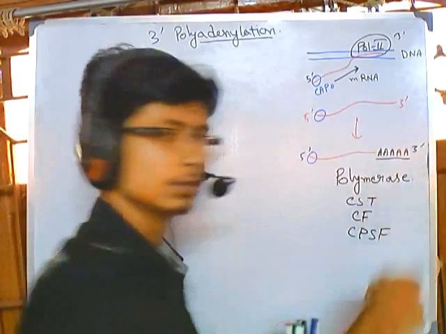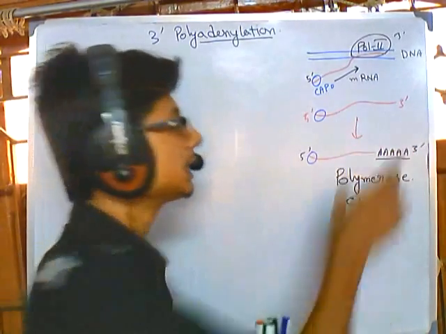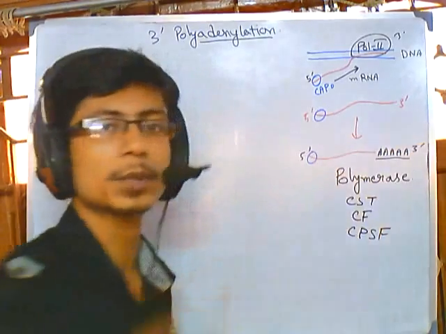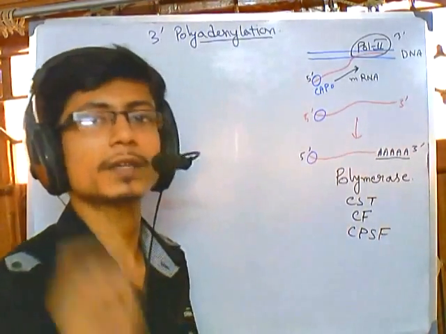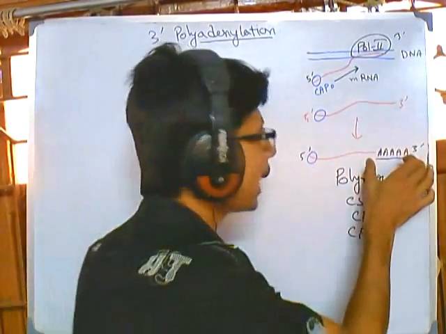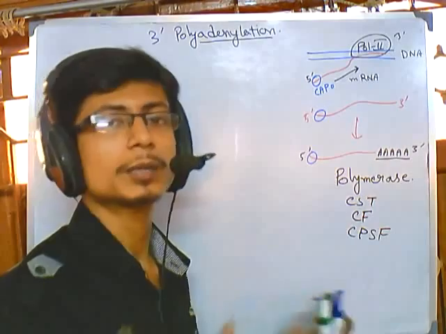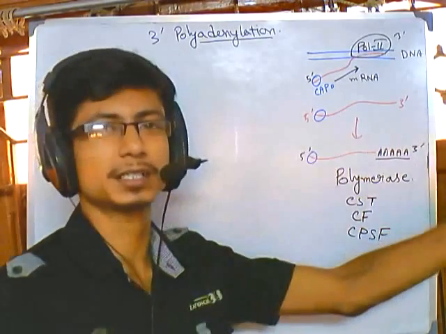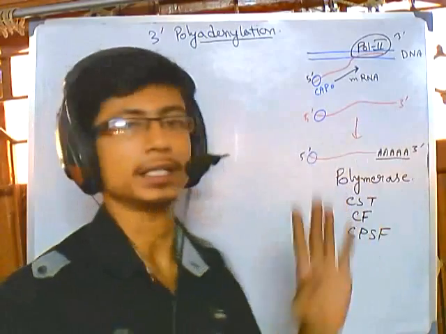So it cleaves this A out, then cleaves this. Remember, this polyadenylation stretch is not required for protein synthesis, and neither is the 5 prime cap. Whatever we are adding at the 3 prime end is just for protecting it. So we are providing some junk. Now if you want to cleave it, I don't bother if you cleave this adenine.